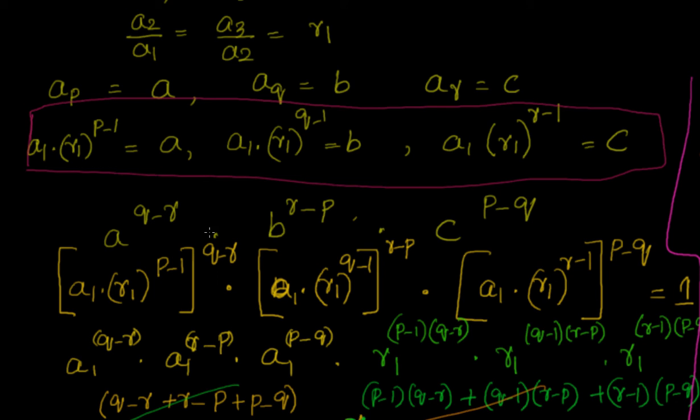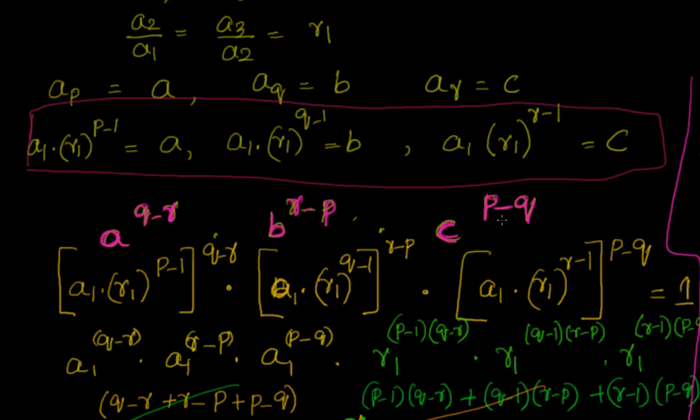What we want is a to the power of q minus r, b to the power of r minus p and c to the power of p minus q.